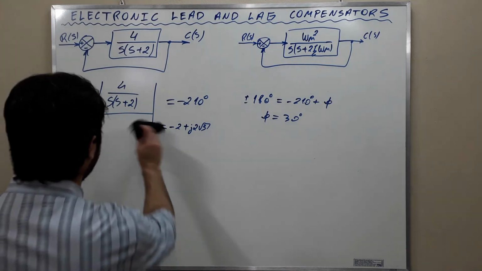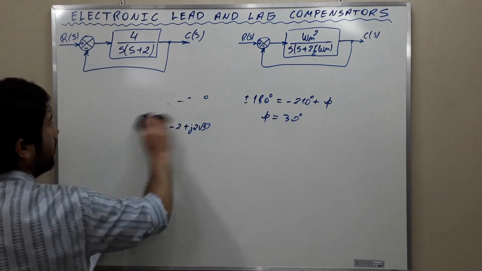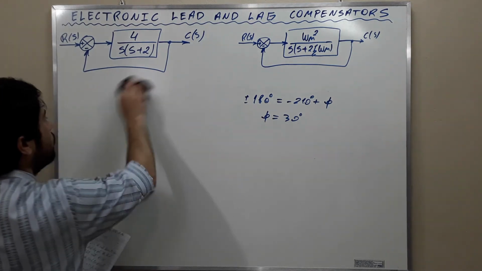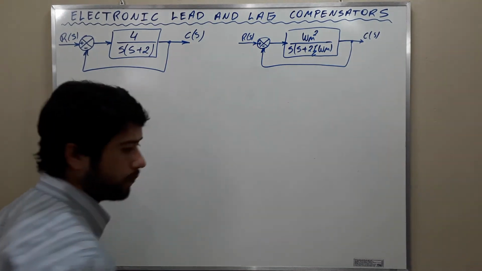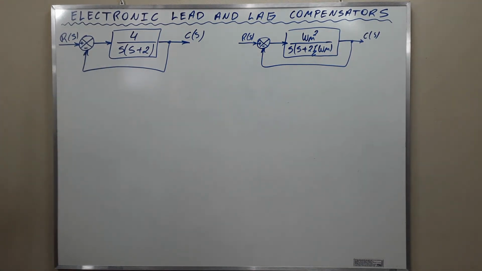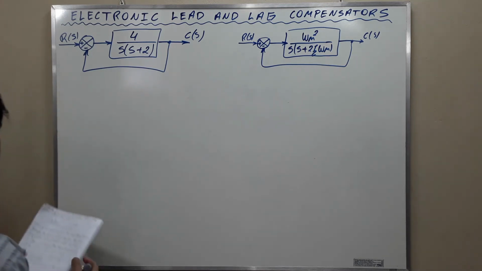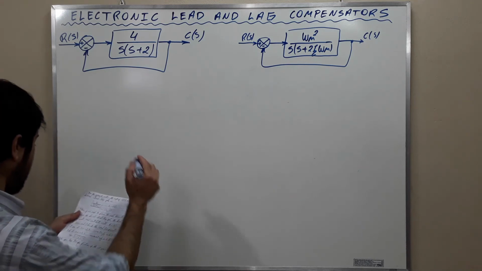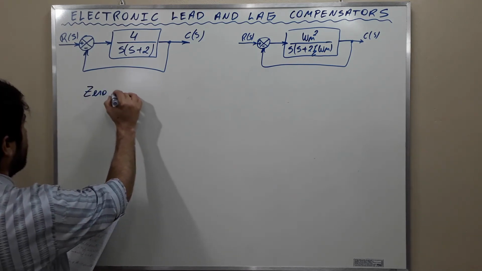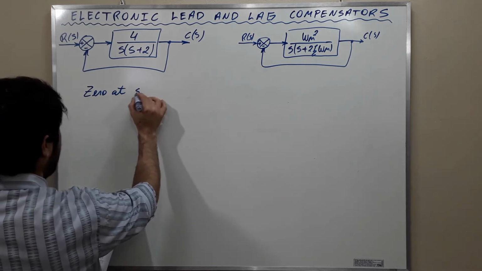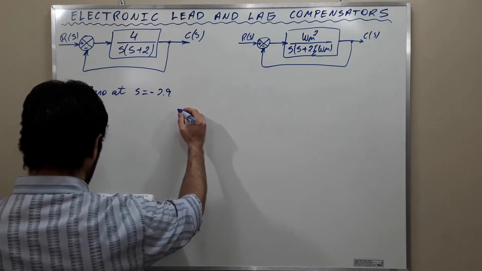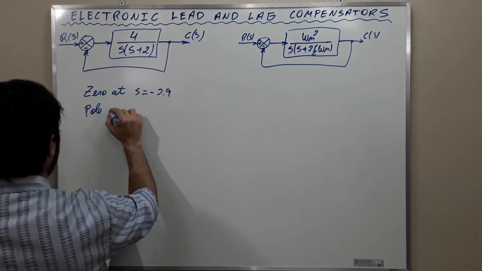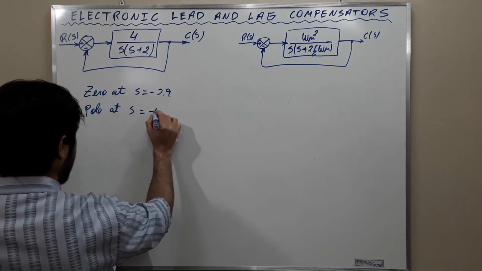Okay, let's continue. Let's continue seeing how to compensate a system. Zero and pole of the lead compensator: zero at S equal to minus 2.9, and pole at S equal to minus 4.5.